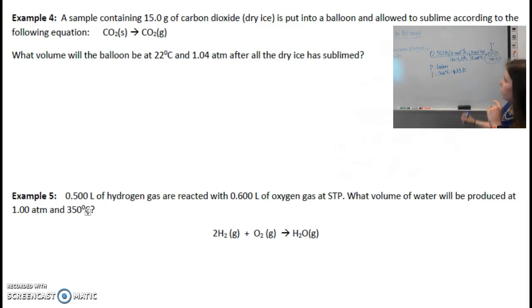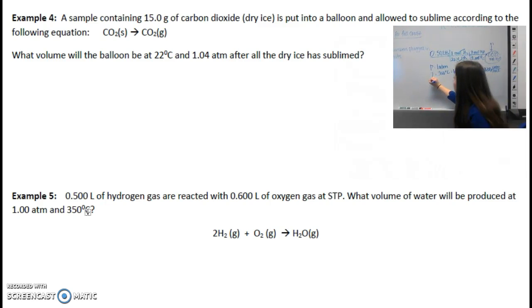Okay? So now we have N, we've got P, we've got T, we know R, okay? And it asks us what volume, so that's perfect because that's what we have left here. So we're going to use PV equals nRT.